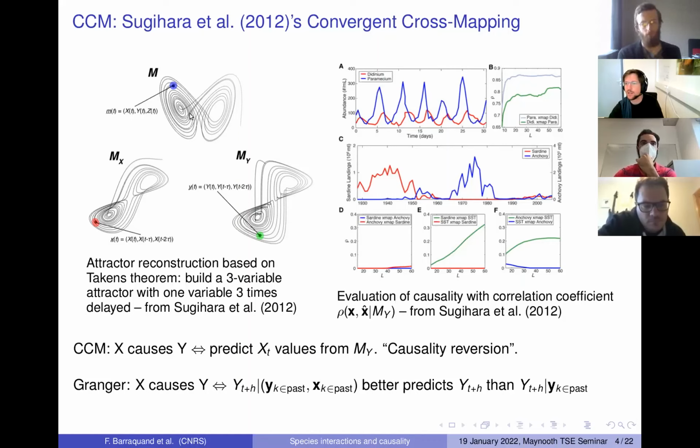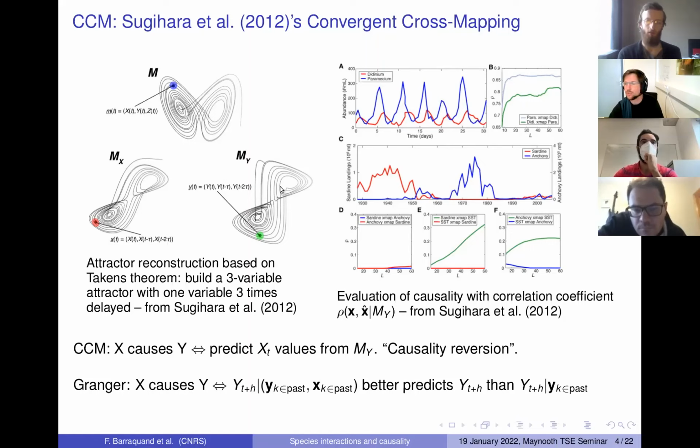And it has three state variables. Due to Takens' theorem, we know that we can reconstruct this attractor using a single state variable, but three delayed coordinates. So here you can create a reconstructed attractor Mx using x_t, x_(t-tau), x_(t-2tau).